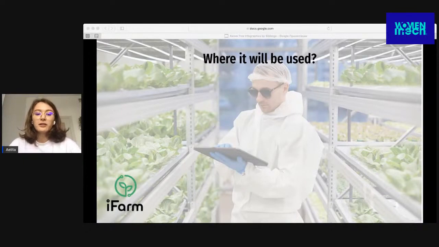Also, they help to answer different questions, such as how to optimize energy costs. You can do this by choosing a place for a vertical farm with a favorable electricity cost, or using alternative sources of electricity, or reducing energy consumption.